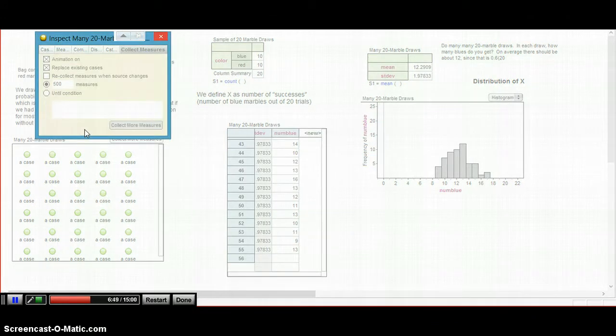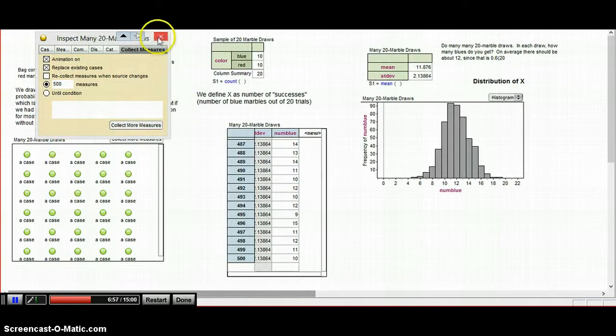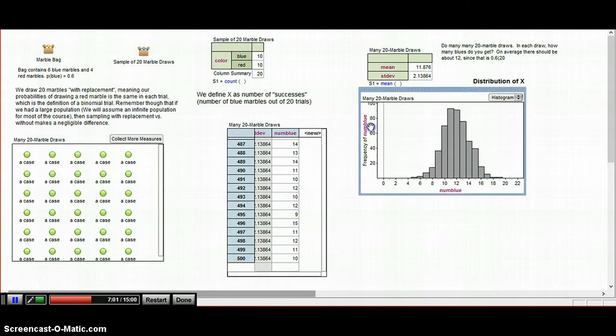It's getting a little fussy on me. I probably shouldn't have done 500 at a time. Okay, there we go, I think we're done. So we have 500 samples, and you can see the histogram here. Actually, we selected 11 more often than anything else. Again, this is good.